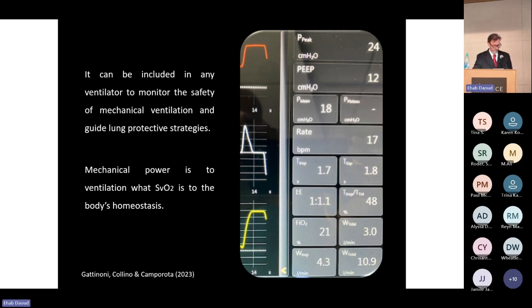In a sense, mechanical power is to ventilation what venous oxygen saturation is to body homeostasis, a variable that reflects the combination of different elements: arterial oxygenation, oxygen consumption, cardiac output, hemoglobin, all potentially associated with mortality.